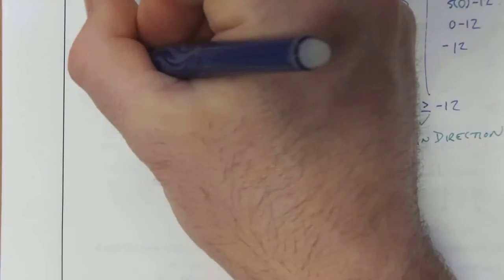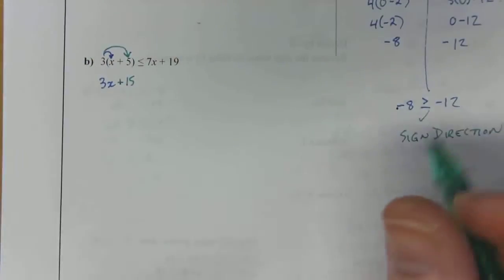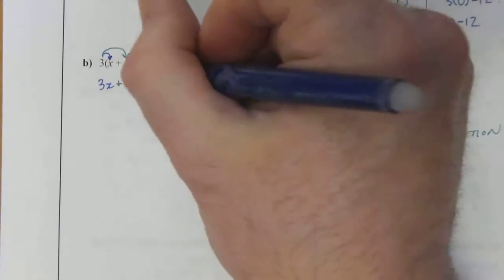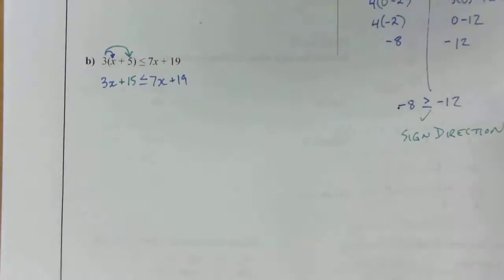So, distributive property, we start with 3 times x, becomes 3x. Then we do 3 times 5, which is 15. And then that is less than or equal to 7x plus 19.